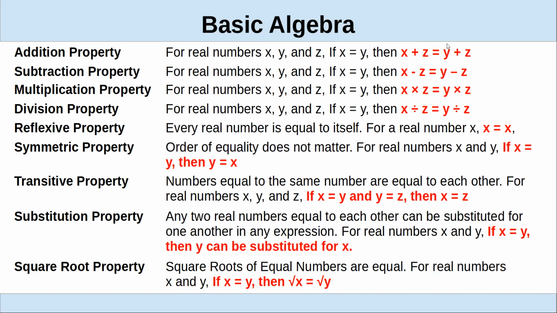And I guess I should start with, it all assumes that you have an equality of a equals b or x equals y, and how you can manipulate that so that you can add something to both sides, you can subtract something from both sides, you can multiply both sides by the same value, you can divide both sides by the same value.